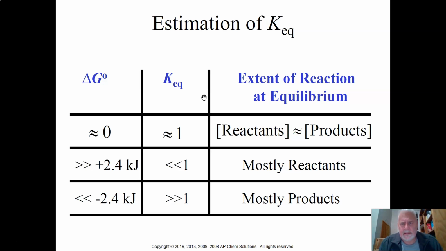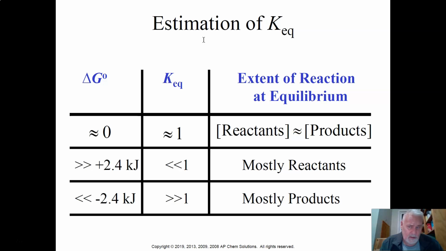Again, if delta G equals 0, you're at equilibrium, and the KEQ constant would be equal to 1, which is very rare, but in that situation, there's no more movement in the reaction. If delta G is really big, meaning bigger than 2400 joules or 2.4 kilojoules, then you'll get mostly reactants, and it'll be super non-spontaneous.